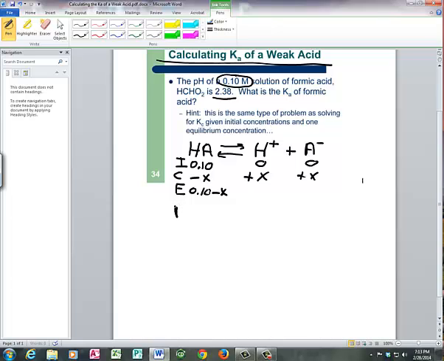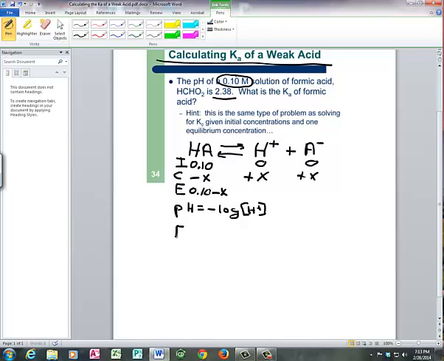If you remember that pH is simply equal to the negative log, that's the log base 10, of whatever the hydrogen ion concentration happens to be. Now, this is also known as the common log. It's log base 10. Make sure that you use that instead of the natural log, which is ln.